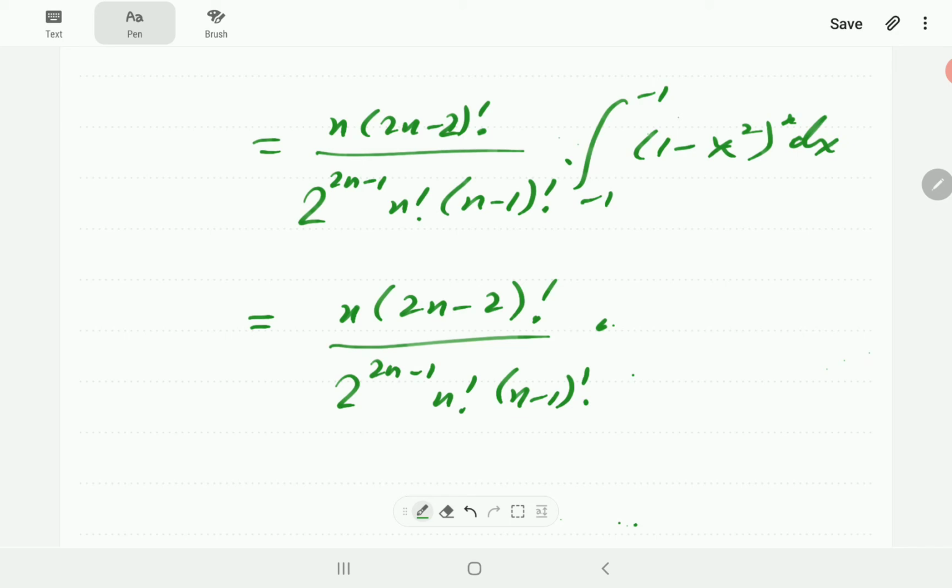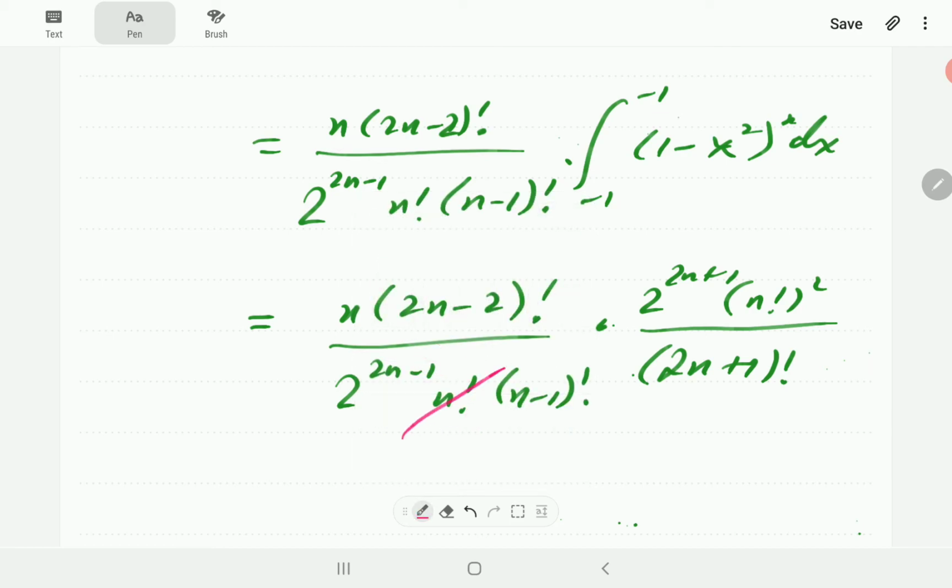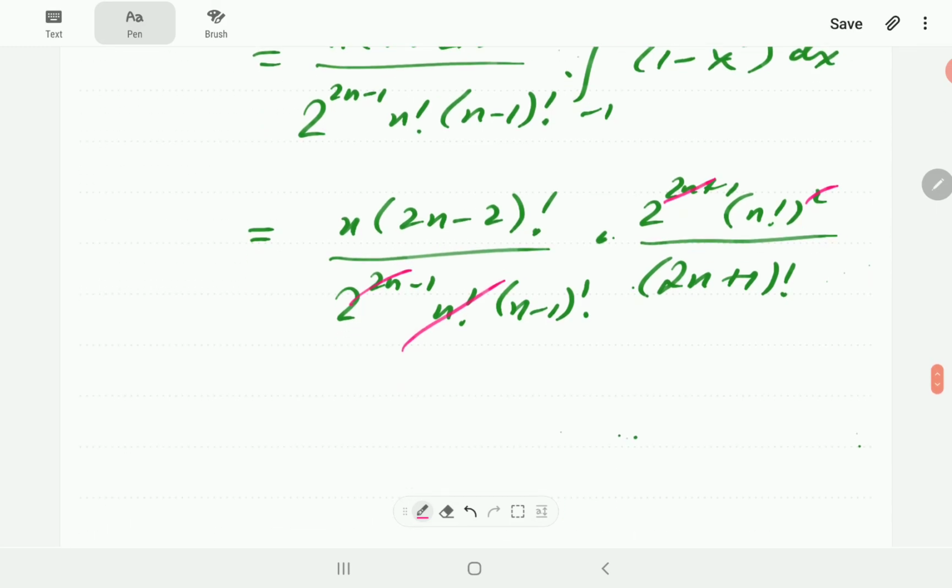This term is giving us 2 to the power 2n plus 1, n factorial squared, all over 2n plus 1 factorial. Some of these terms now are going to cancel out, so let's go through that. This term is going to cancel out with one of those terms. This is going to cancel out with that, and then we're going to have a 4 in the numerator.